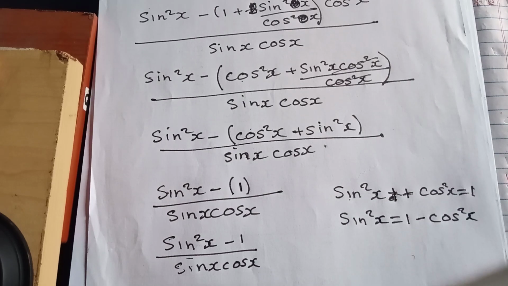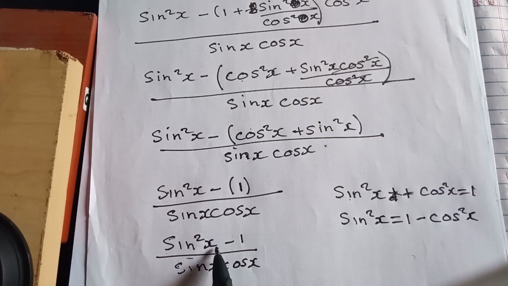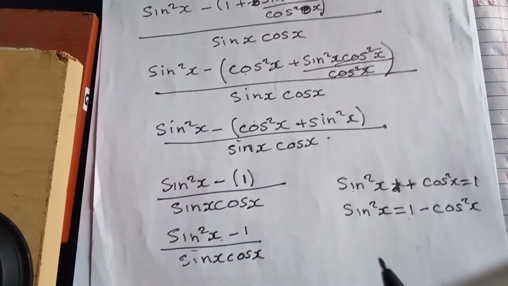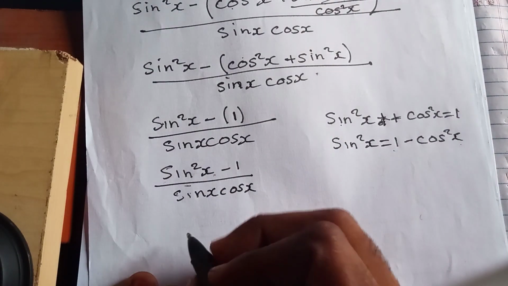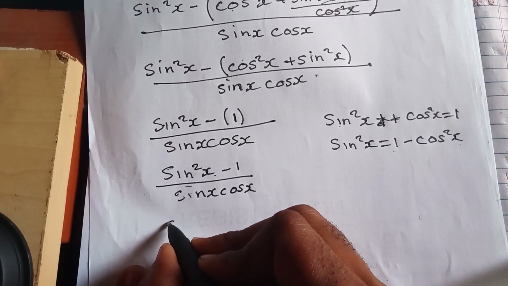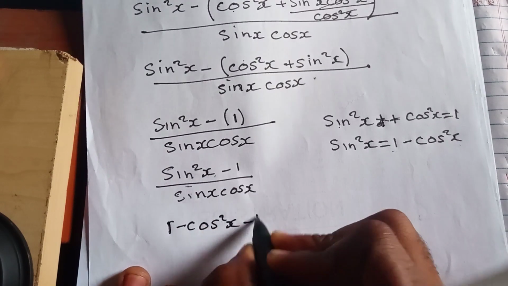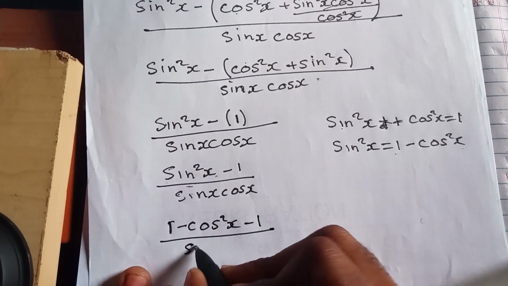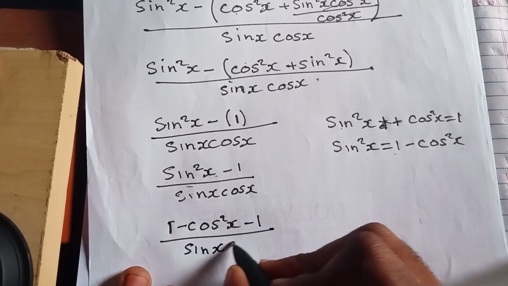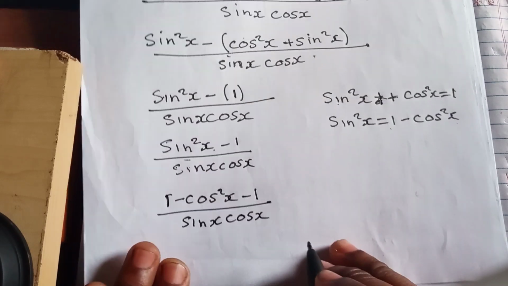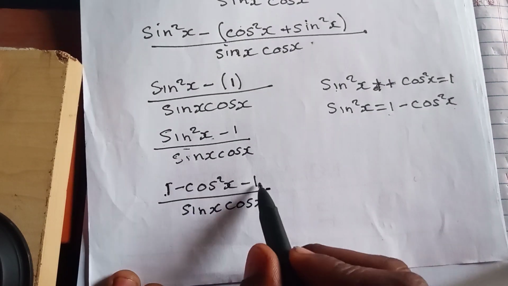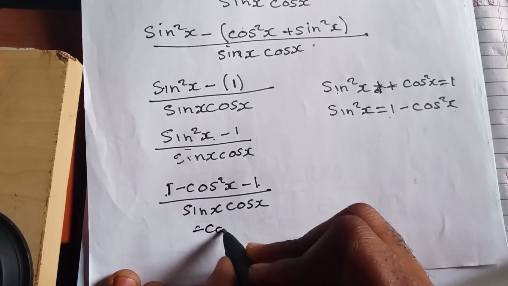So we have this. Where we have sine squared, we can put this guy there. So this gives us (1 − cos²x − 1), everything over sin x cos x, and then 1 will subtract with the other one there.